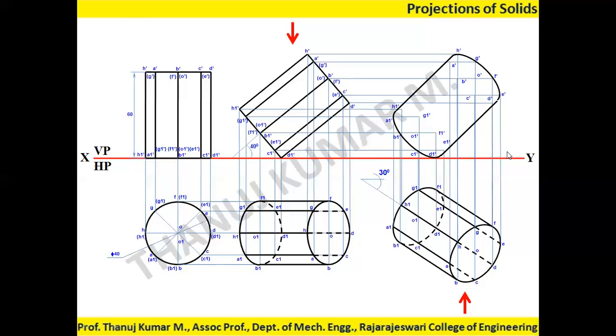Care to be taken to draw the tangent lines, especially at E dash, D dash corner, D1 dash, E1 dash corner, A1 dash, H1 dash corner, and H dash, A dash corners. These are the four corners wherein you need to take care to draw the tangents to the curve lines. Only then you can complete the figure.